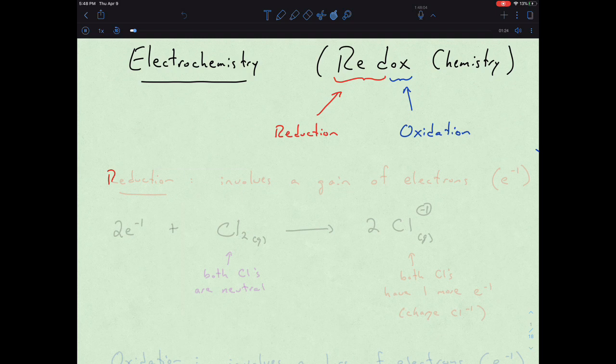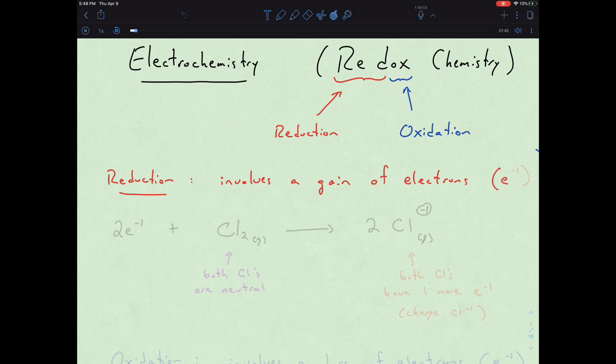So let's first look at reduction. Reduction basically involves a gain of electrons.